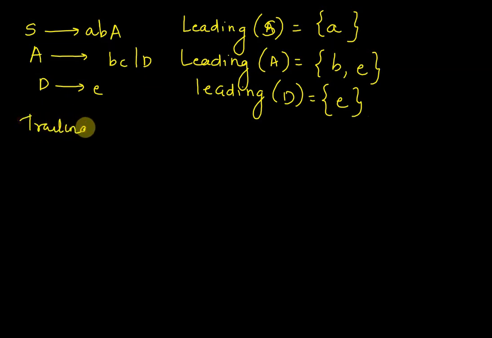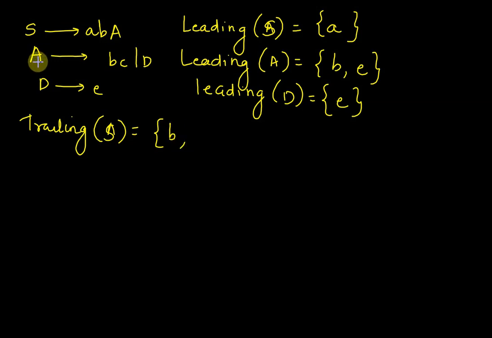Similarly, trailing of S is equal to, so if you compute trailing alpha A beta, we will have to check for this A. So this can be beta, this is A, this is alpha, so B will come directly.